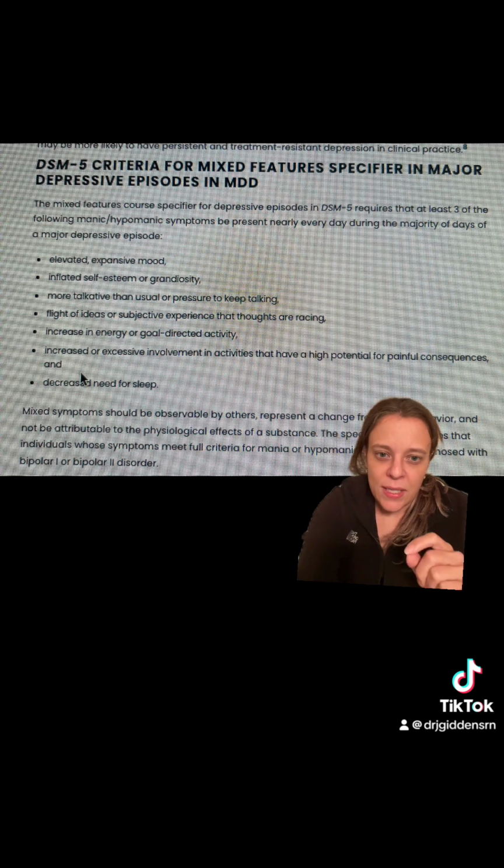The other thing we need to consider is this little call out at the bottom, that these symptoms need to be observable by others. And I think we kind of forget that because obviously a lot of times we're getting a patient and they're coming in with their own perspective. But it is helpful because a lot of patients with anxiety or worry or rumination might be feeling that these symptoms are actually more significant or that they are struggling.